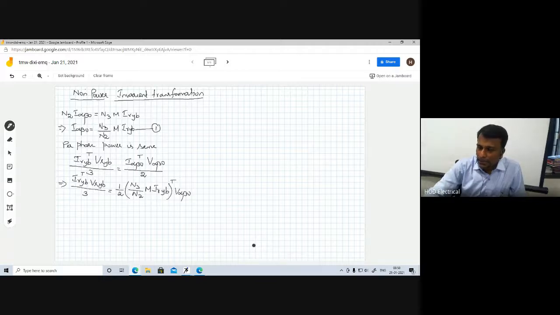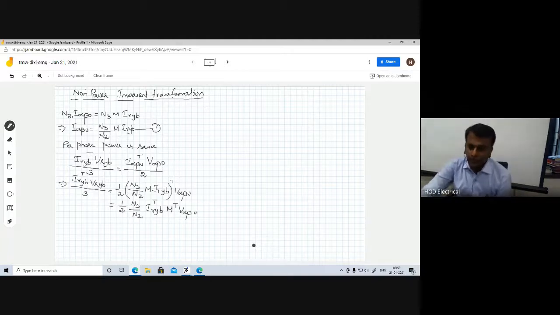Let me explain once again: N3 is the number of turns in the three-phase winding, and N2 is the number of turns in the two-phase winding. Now if we take the transpose of this matrix, we have 1 by 2 N3 by N2 into I RYB transpose into M transpose into V alpha beta naught. So now this I RYB transpose will cancel.